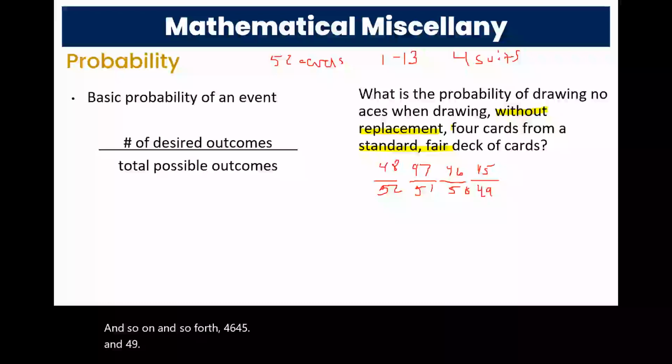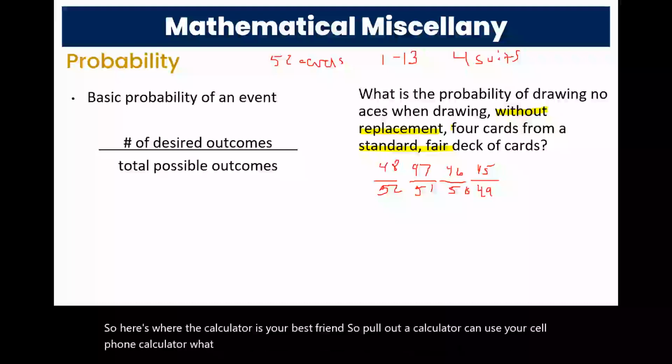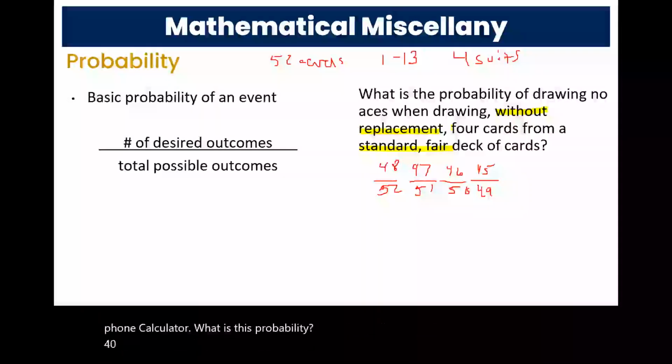So here's where the calculator is your best friend. Pull out a calculator. You can use your cell phone calculator. What is this probability? 48 times 47 times 46 times 45, divided by 52, divided by 51, divided by 50, divided by 49.